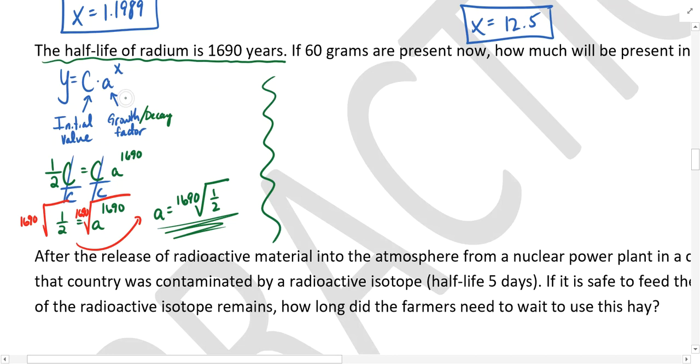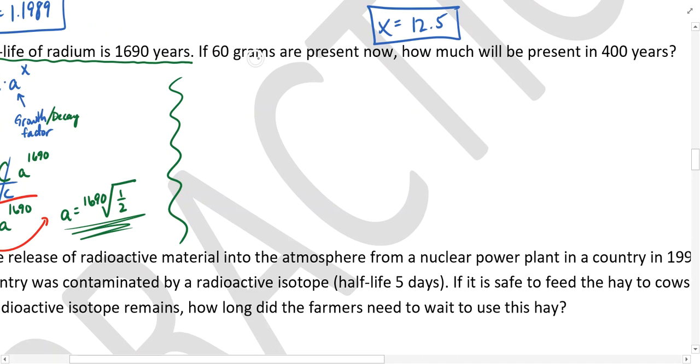Now that we have A, our growth factor, or in this case the decay factor, since the radium is decaying with time, we can actually attack the second half of the question. There are 60 grams of radium present now, and how much will be there in 400 years?